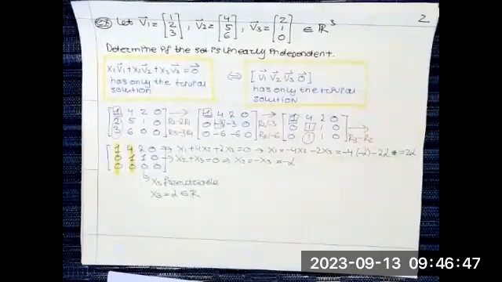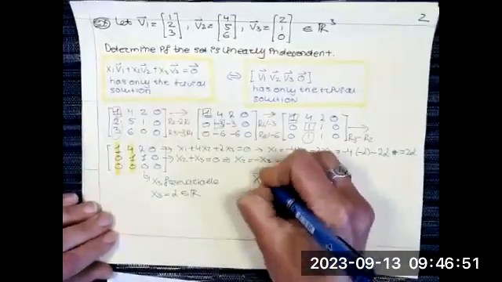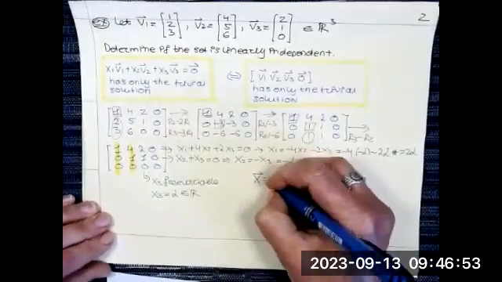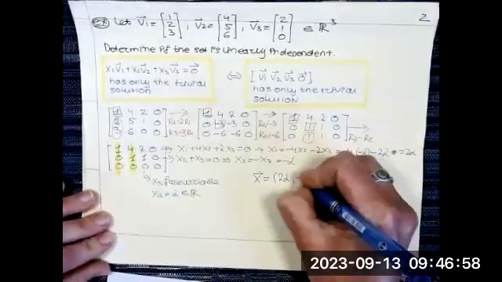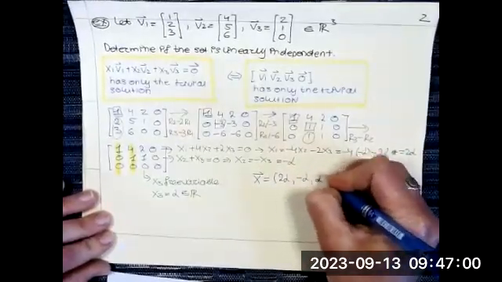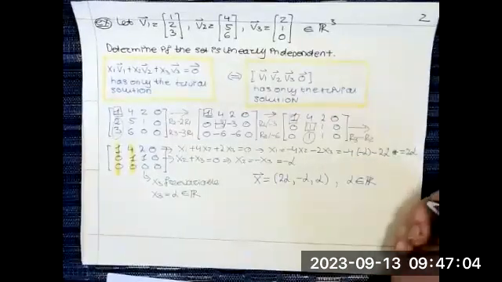So I'm getting that my solution, vector x, in terms of alphas is 2 alpha, minus alpha, and alpha, where alpha can be any real number.